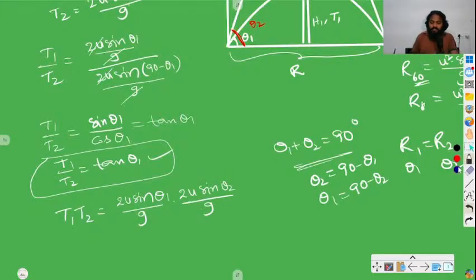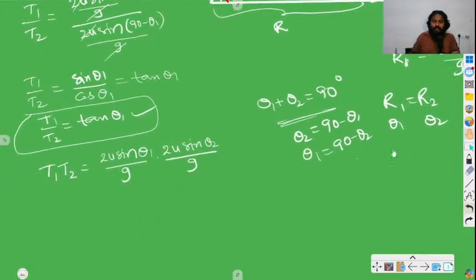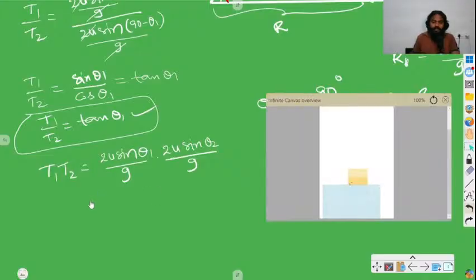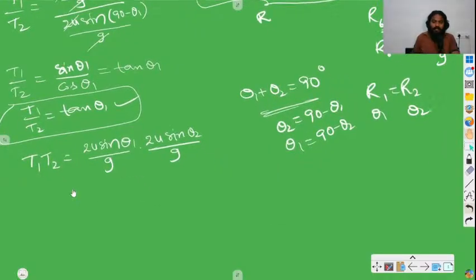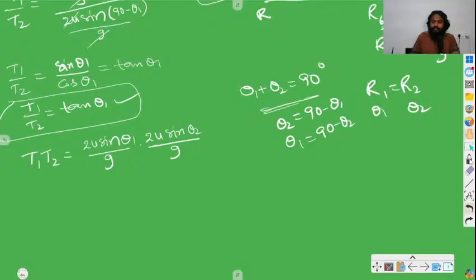Now from this, you know very well that this is 2u square sine theta 1 sine theta 2 by g square. If I change theta 2 as 90 minus theta 1, then I will get cos theta 1, right?